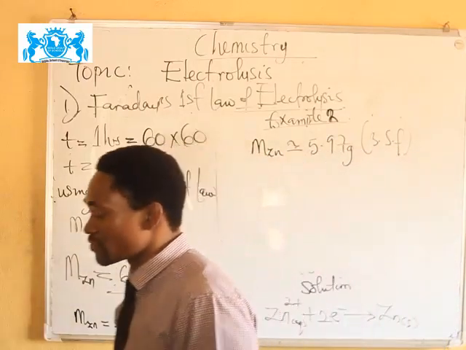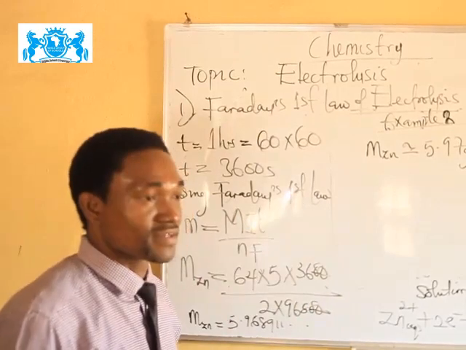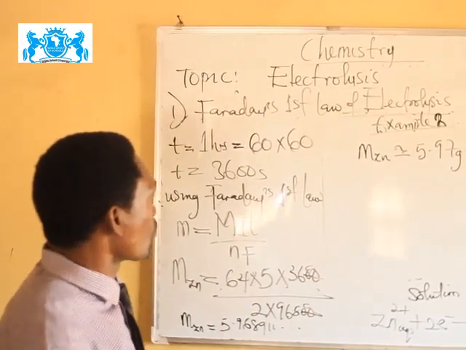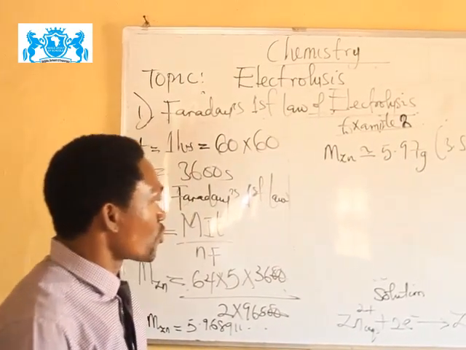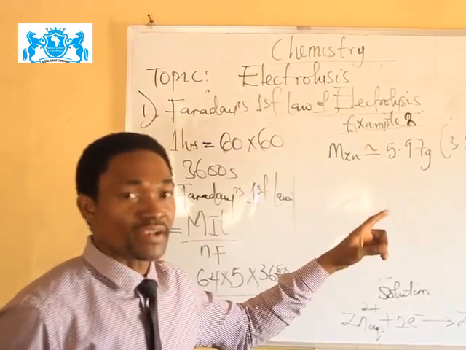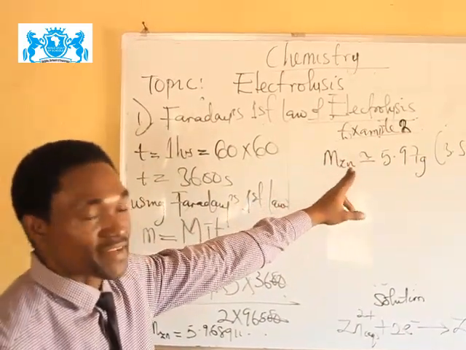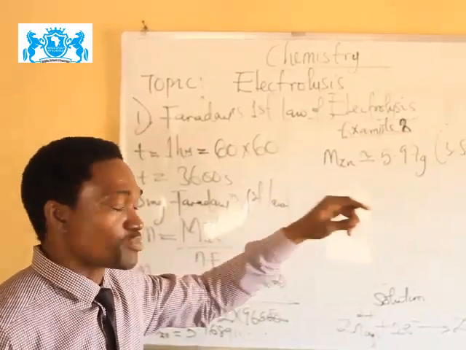So this is therefore the mass of zinc that is deposited when a zinc salt is being electrolyzed by the passage of 5 amperes in 1 hour. This is the amount in mass of zinc that will be deposited.